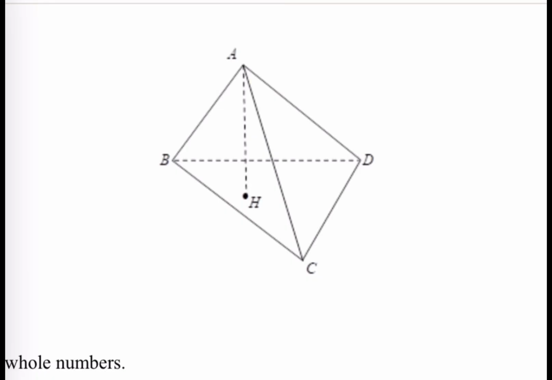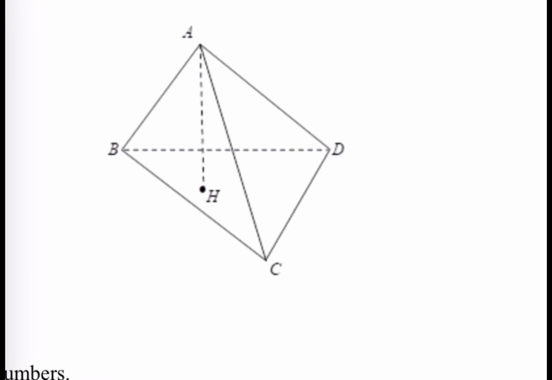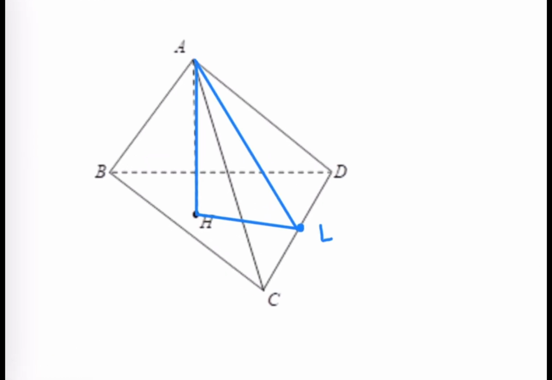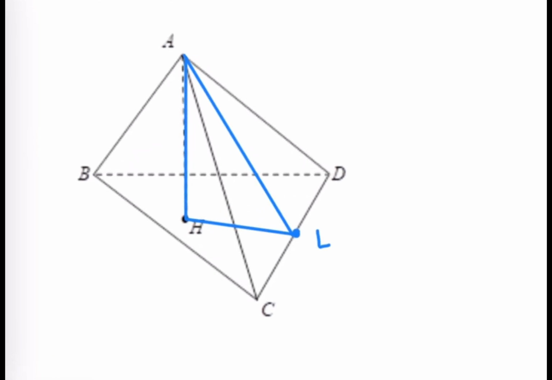So what we're going to do here is first I'm going to draw a midpoint between D and C, and I'm going to call it point L. Now I'm going to draw a line from H to L and the line AH and a line from A to L. And now this plane here is the plane between the two faces.